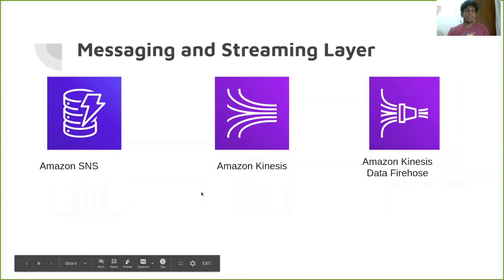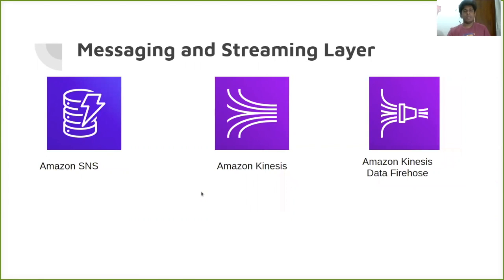Another layer would be the messaging and streaming layer. In this aspect, AWS provides a simple notification system, and if we want to get data into AWS, we can use Kinesis Firehose, and to ingest data, we can use Kinesis.